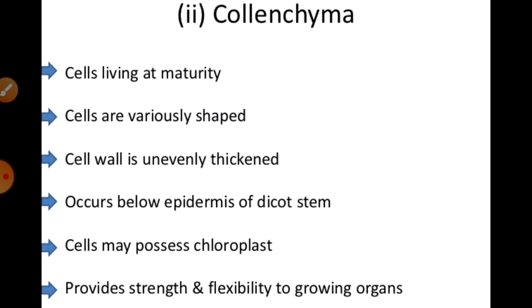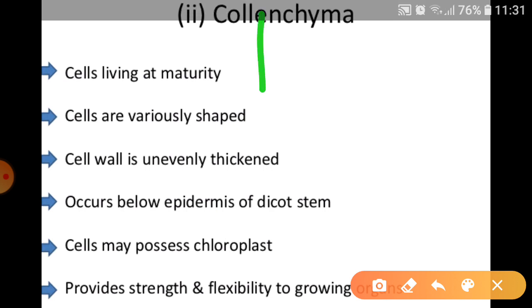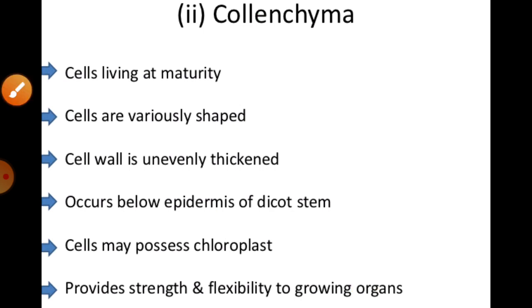Collenchyma, especially as we can get the meaning of this word: cola means glue, right? And enchyma means infusion, meaning they are tightly attached, so such tissues are found there.